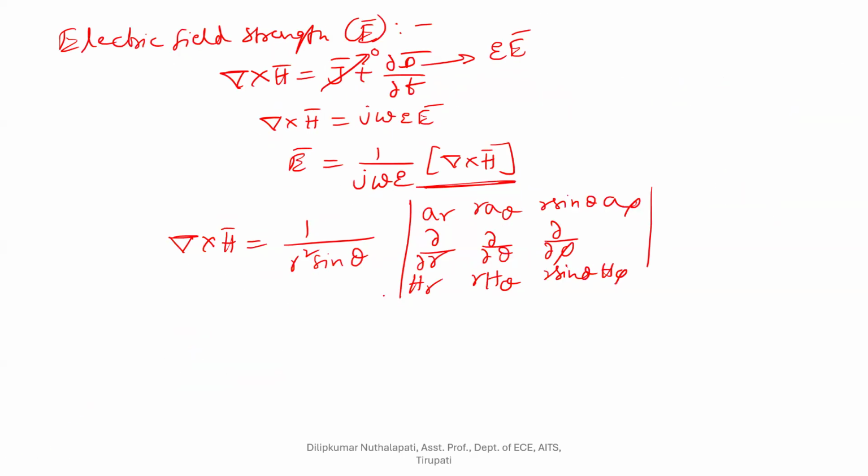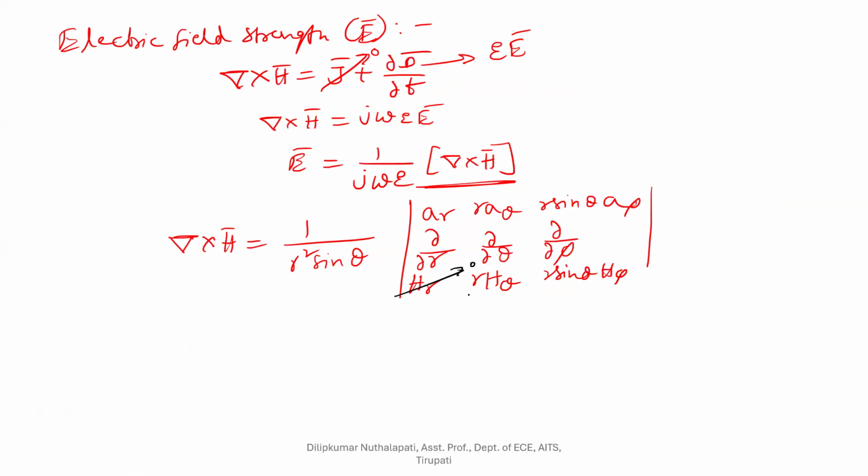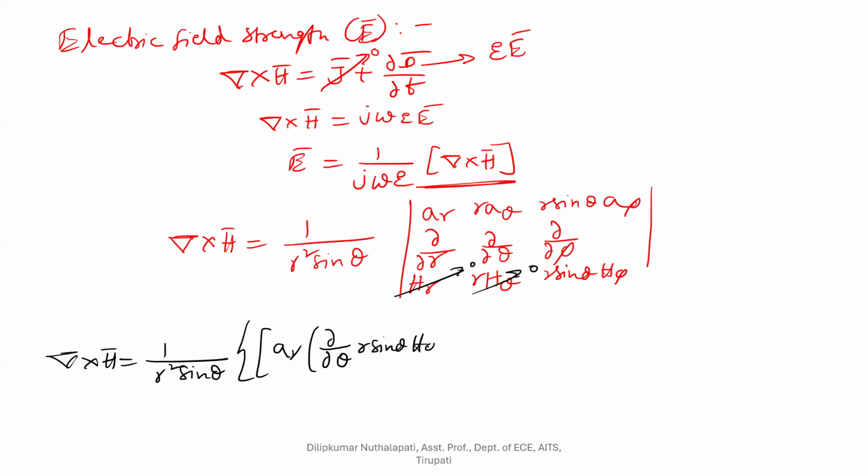So substituting those components here, we get the simplified value: del cross H bar is equal to 1 by r square sine theta into a r dou by dou theta of r sine theta H phi, minus r a theta into dou by dou r of r sine theta H phi.